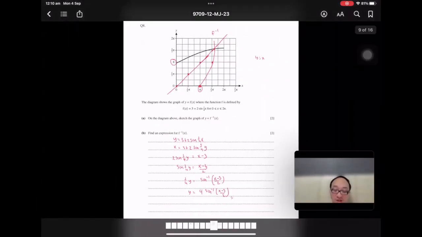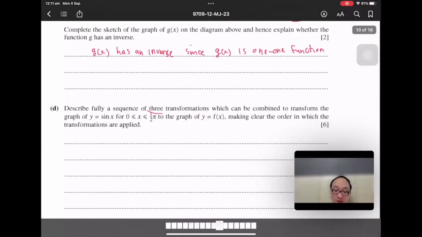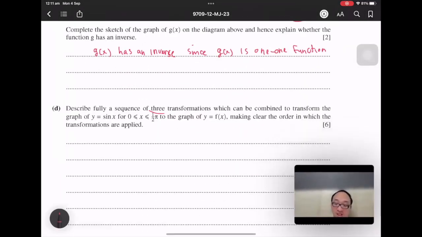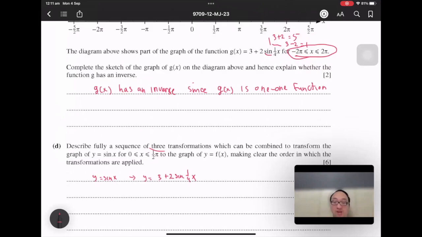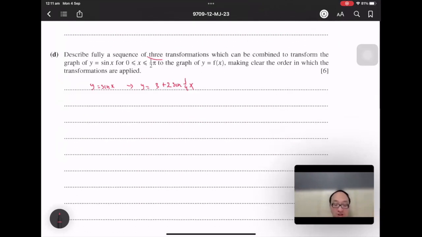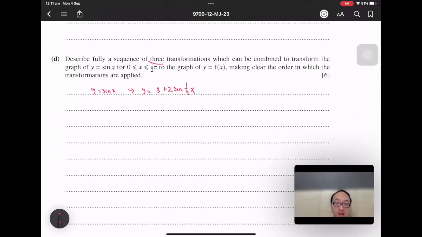So we know the change from y equals sine x becomes y equals 3 plus 2 sine 1 over 4x. So from here we see that there are 3 transformations, yeah, 2 stretches and 1 translation.